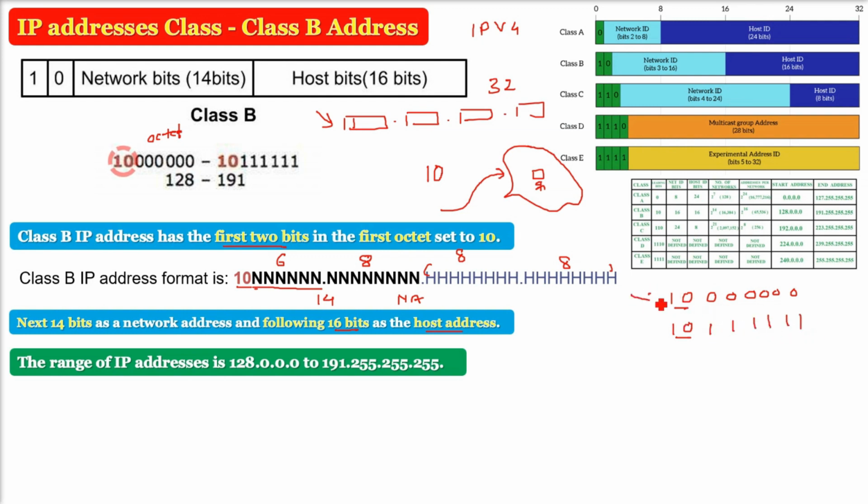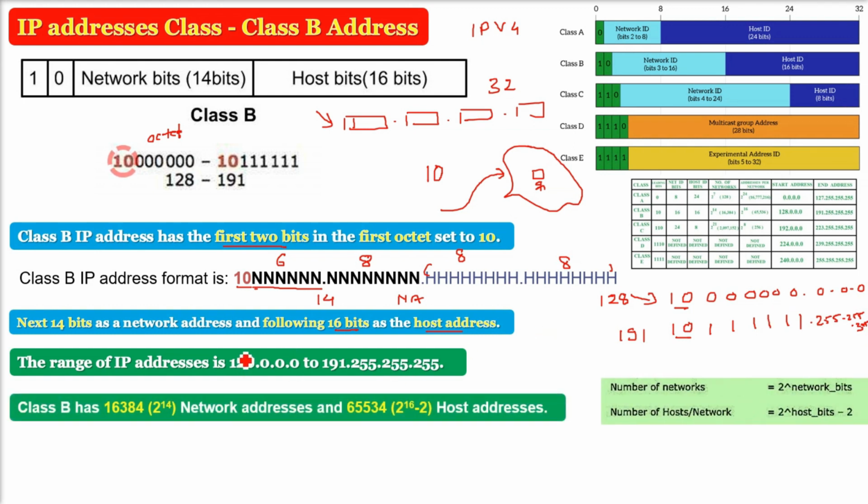And when you convert this into decimal, the minimum will be 128 and the maximum will be 191. After that there are 3 more octets, so it will be 128.0.0.0 to 191.255.255.255. So it is from 128 to 191.